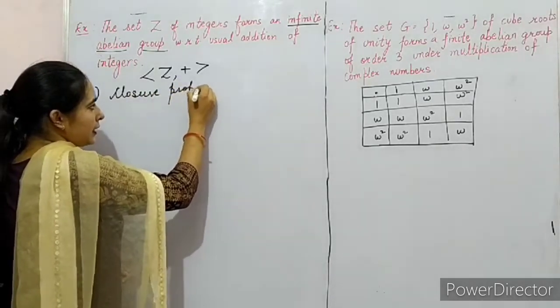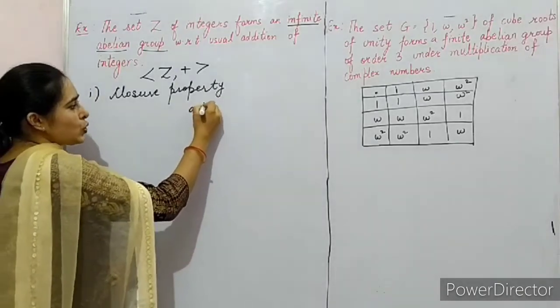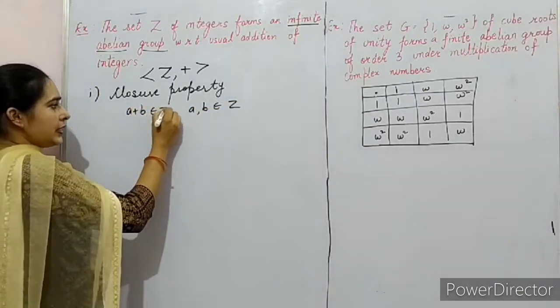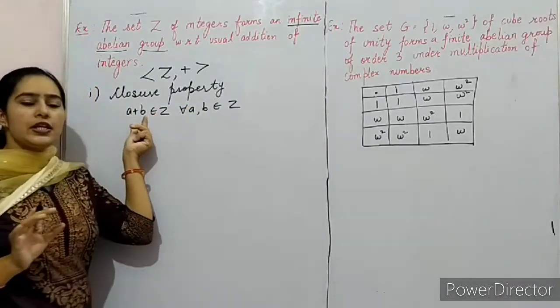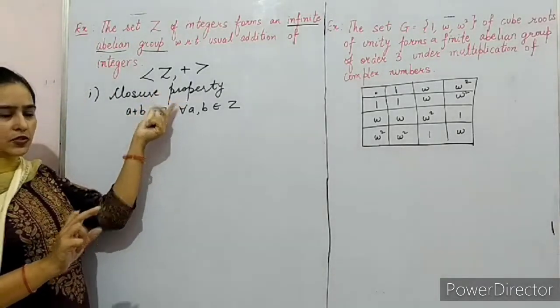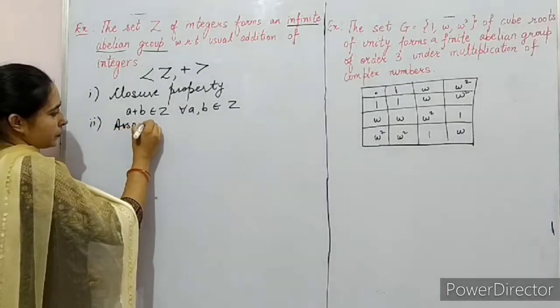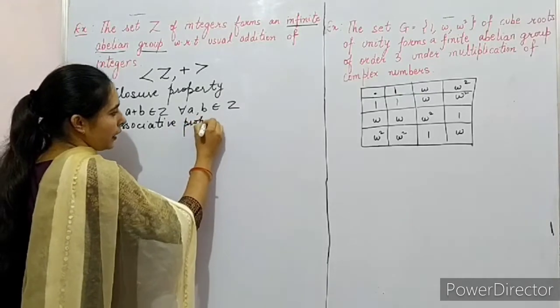Now, clearly we can see that for any two integers, addition of two integers is integer. For all a, b belongs to Z. If we add any two integers, the answer will be integer. So closure property will be satisfied. Second one is associative property.